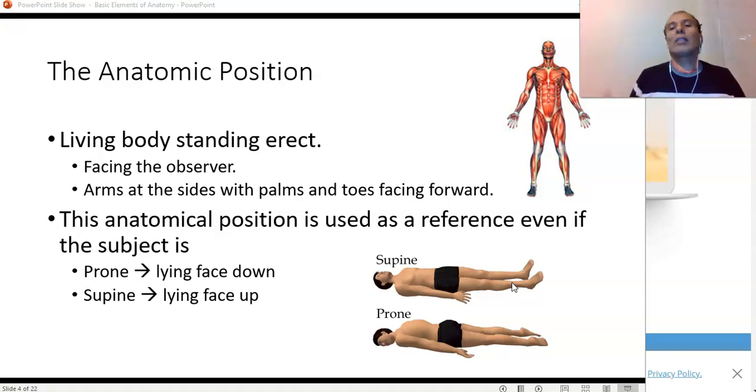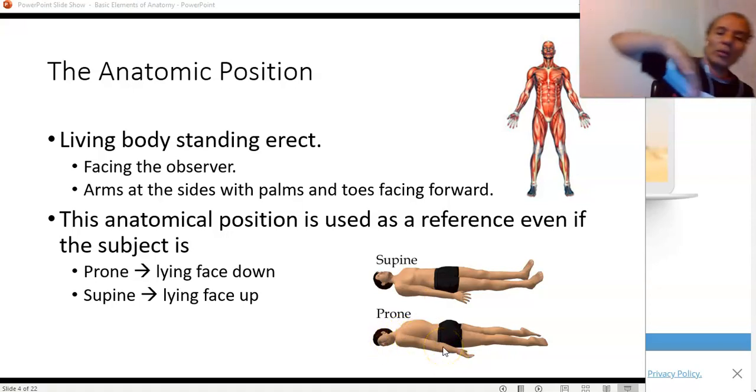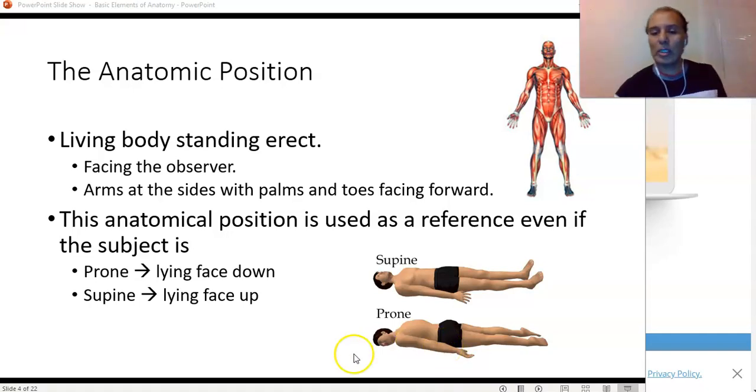That is the supine position. If the person lays on the stomach, as you could see in the other one in this position, and the palms are facing you this way, as you could see here, that is the prone position.